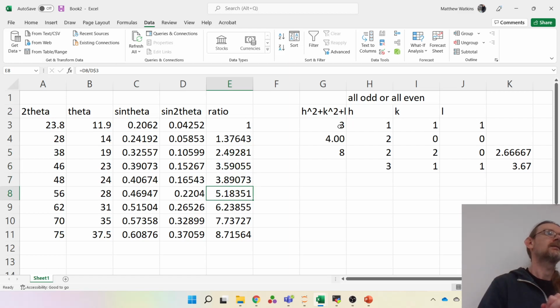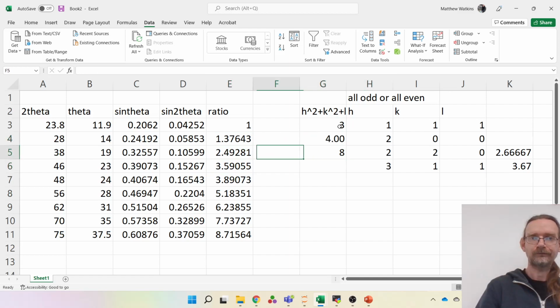Whatever the measurements might be, these are the values. And so by doing this, we can work out what the h squared plus k squared plus l squared value is.